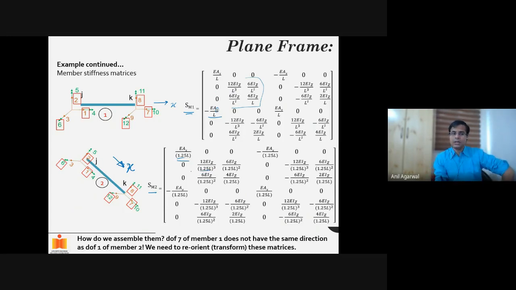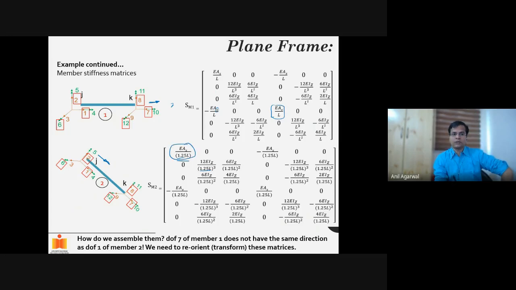But assembly is a challenge, right? Because they are not aligned together. So when I do a unit movement in one direction here, it does not also mean a unit movement in 7 direction here. So I cannot simply assemble this term with this term.